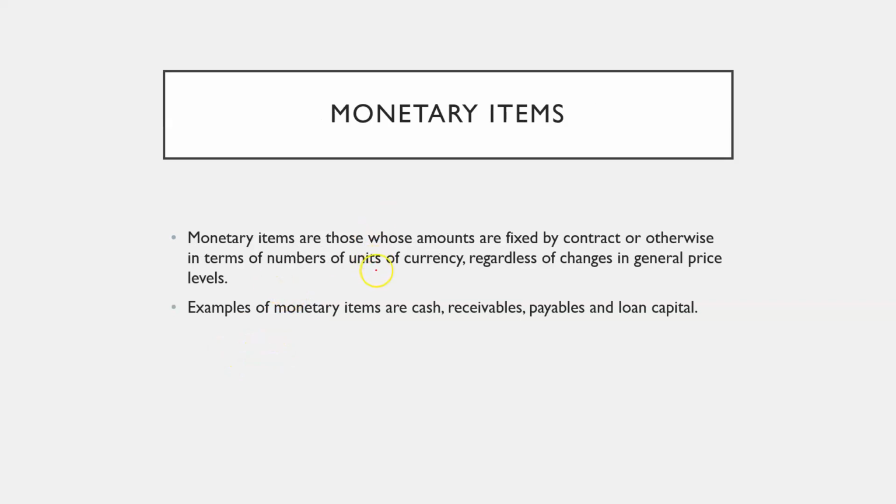Monetary items are fixed by contract in terms of numbers of units of currency, regardless of changes in general price levels. This is just a general concept. Examples are cash, receivables, payables and loan capital, which won't change in terms of inflation.